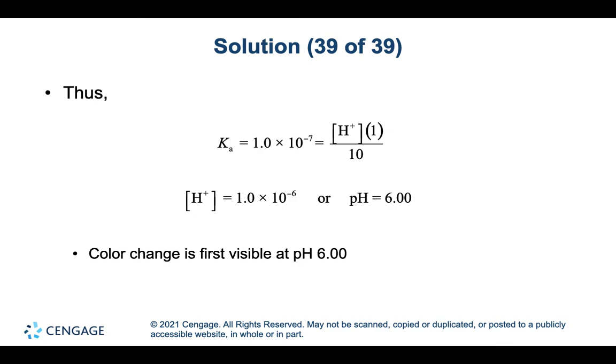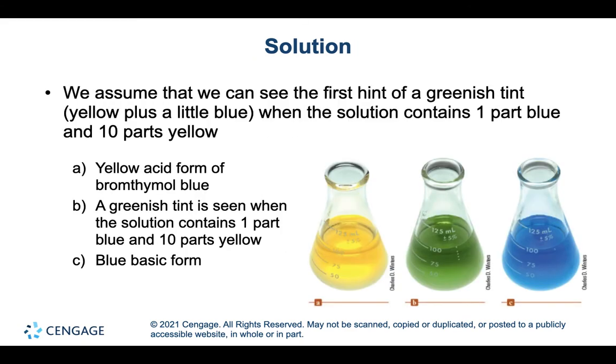So the general rule is, whatever your Ka is for your indicator, take the negative log of that. That is the center pH where you're going to have half and half of the two colors. So in other words, you'll be perfectly green at 7.